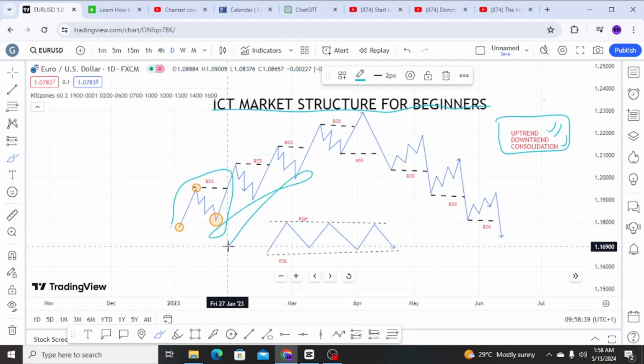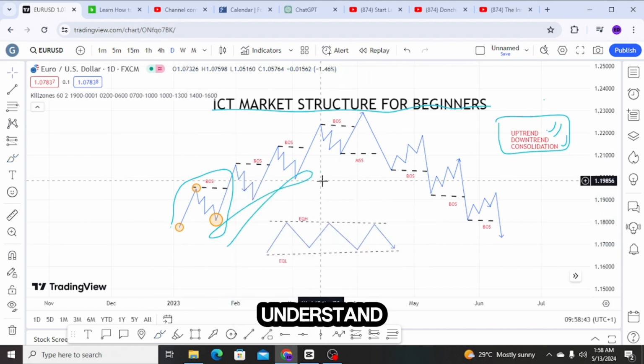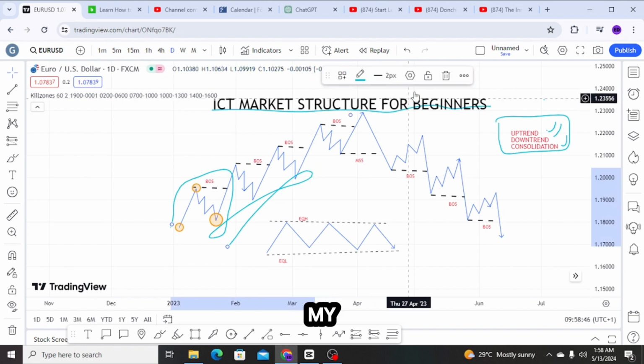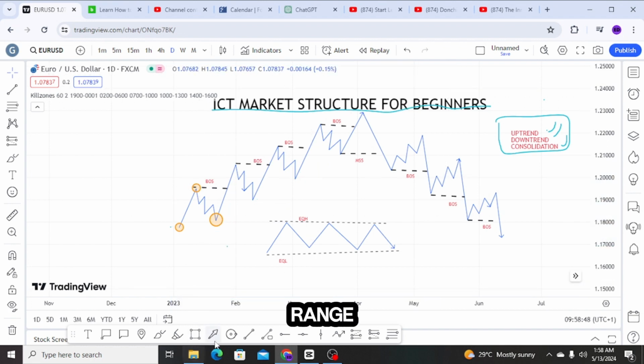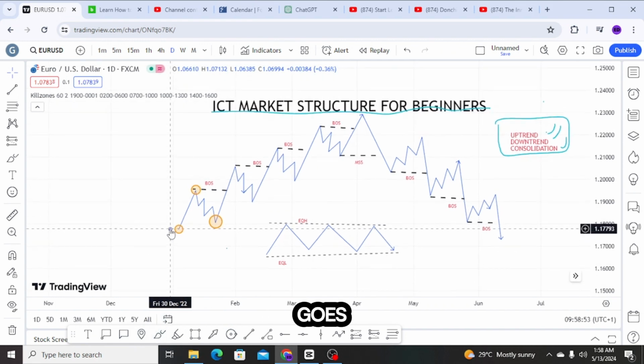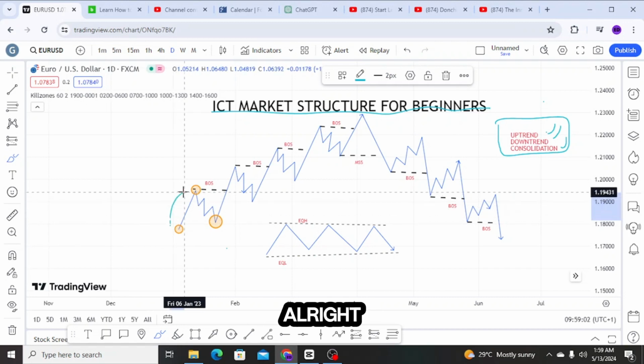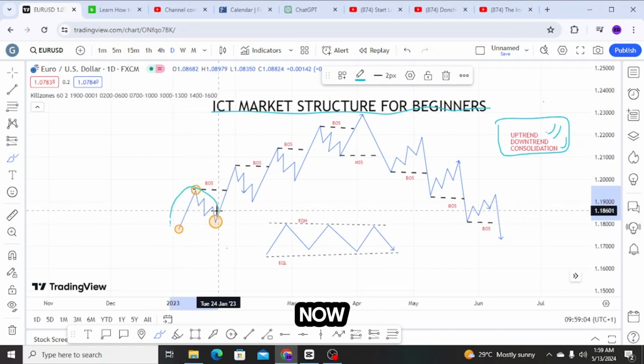Sorry, let me explain it more so you understand. So far the market is just within this range. It is still what we call the structure. From this zone, as it goes up here, something like this, then comes down here.